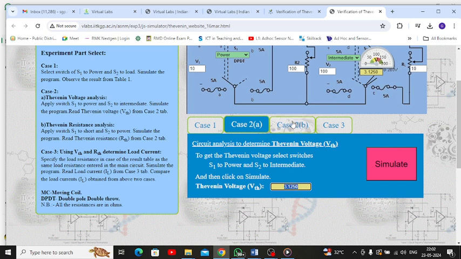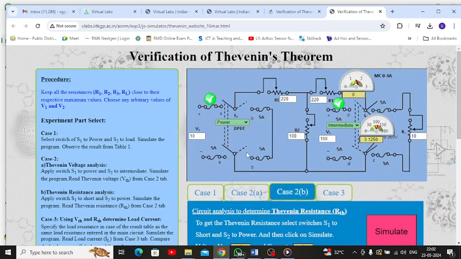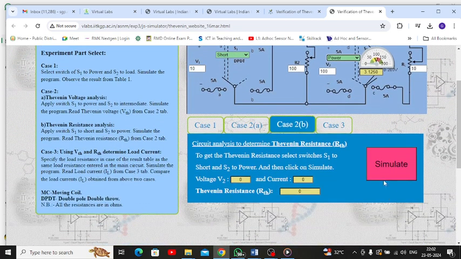Now we calculate the Thevenin resistance, so keep the mode at case 2b. For this case, this should be in the short circuit condition and this has to be turned on. Clicking on simulate, I get the resistance value, exactly the same answer we obtained when we used the multimeter in our lab sessions.